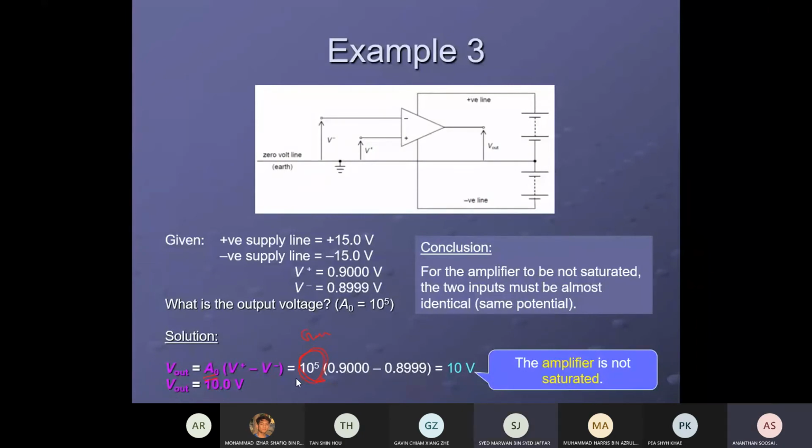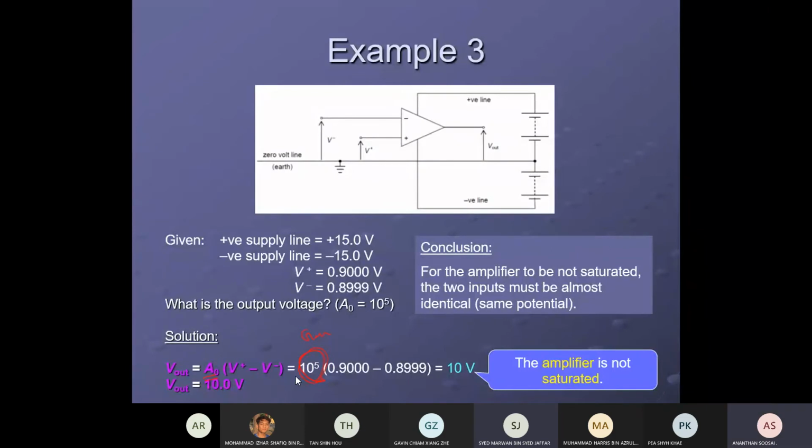Any questions so far? Teacher, what does saturated actually mean? It means the supply is unable, can't afford, to give the requested voltage. It just gives its maximum value. For example, the supply is 6 but the output requested is -200 volts.